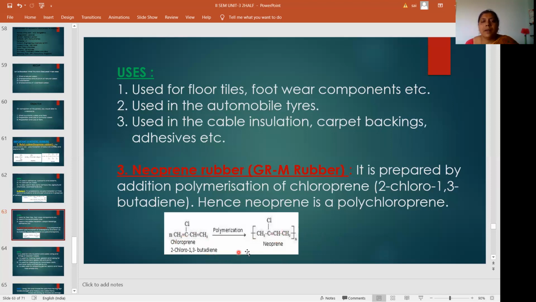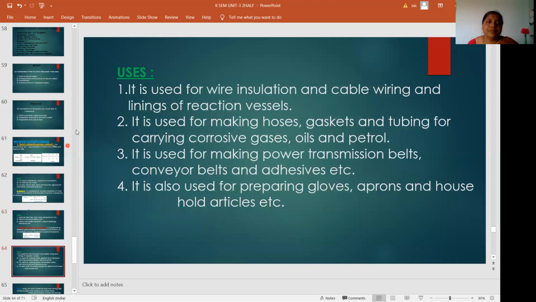So you get a polymer called polychloroprene, because many chloroprenes are adding. That is called polychloroprene, neoprene rubber, or GRM rubber. So neoprene rubber is prepared by addition polymerization of the chloroprene molecule.